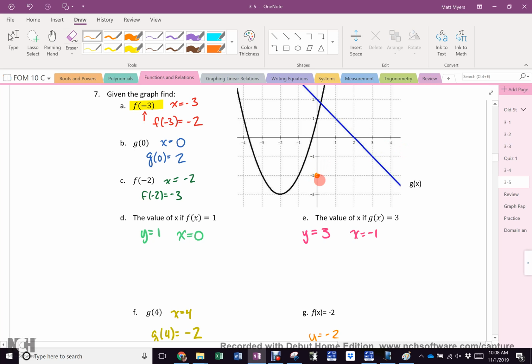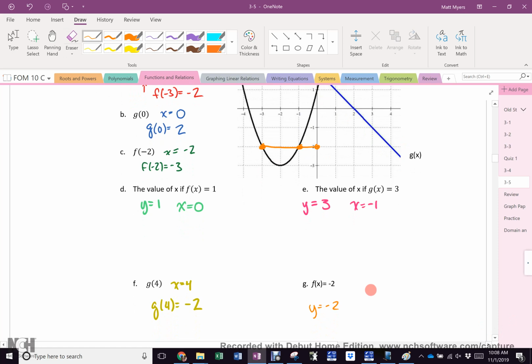On which curve? The curvy curve, right? So is there one of them? But what happens over here? There's another one. So what are my x values? -1 and -3. And that's about as hard as this gets in the 10th grade.